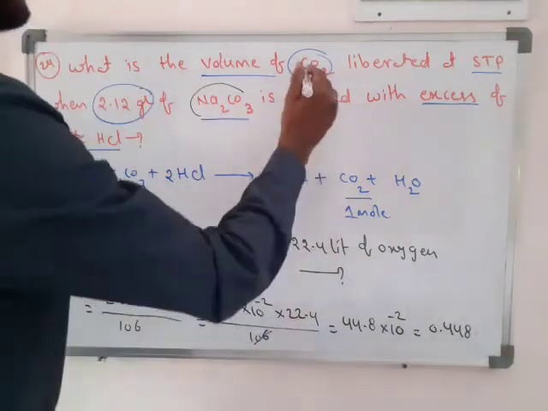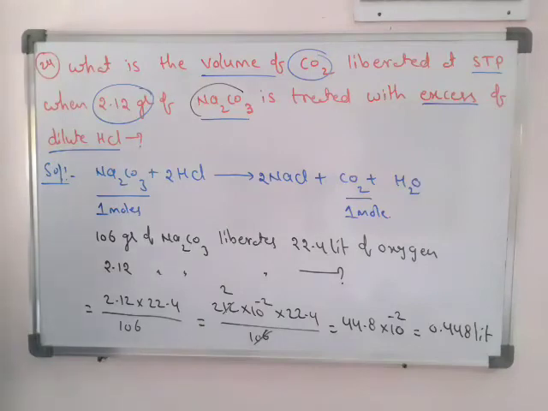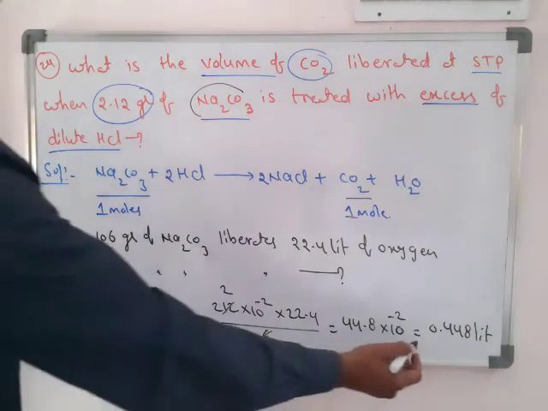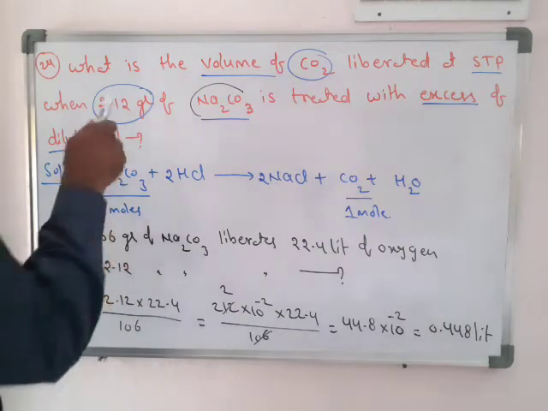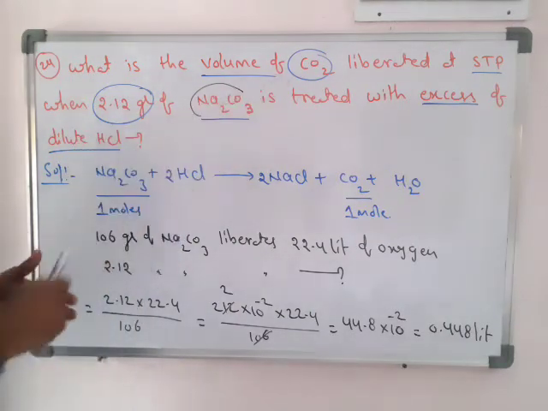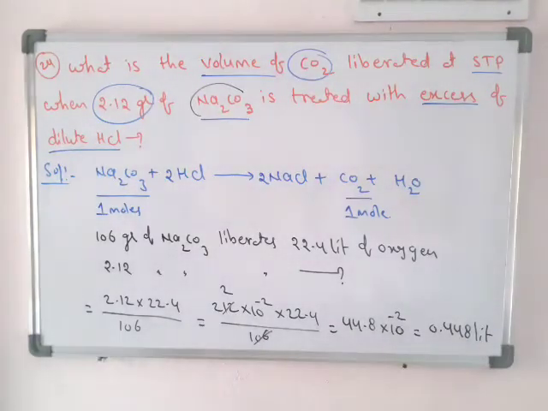It is asking about the volume of carbon dioxide. So here 0.448 liters of carbon dioxide is released when 2.12 grams of sodium carbonate is treated with excess dilute HCl.